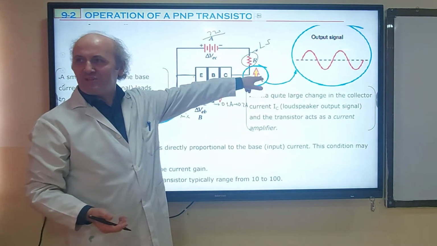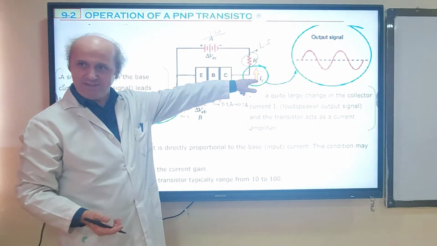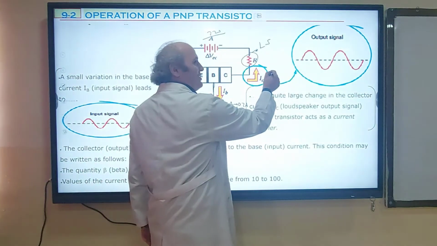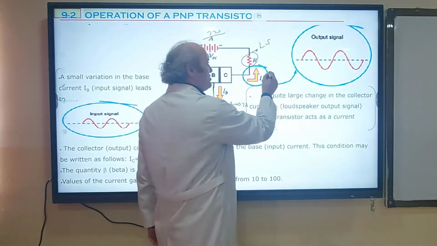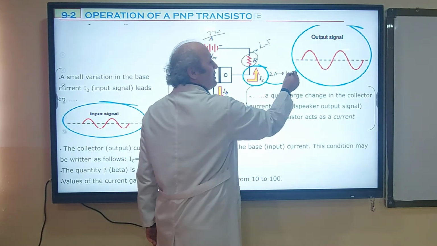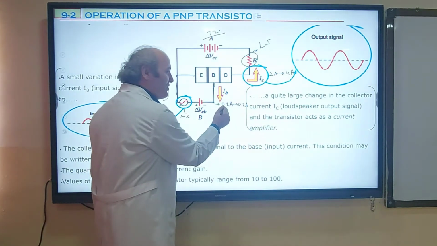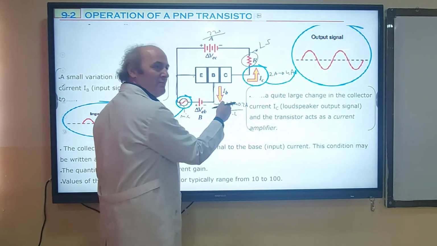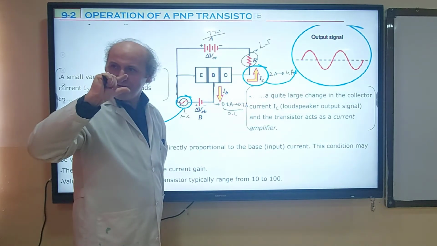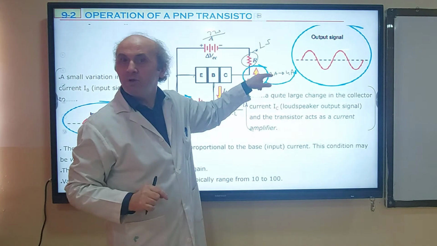IC also changes twice, but IC is great in number. It changes, and I am giving a random number, from 2 ampere to 4 ampere. It's also twice. But how much does this change? 0.1, because 0.2 minus 0.1 is a very small change. But 4 minus 2 is 2.